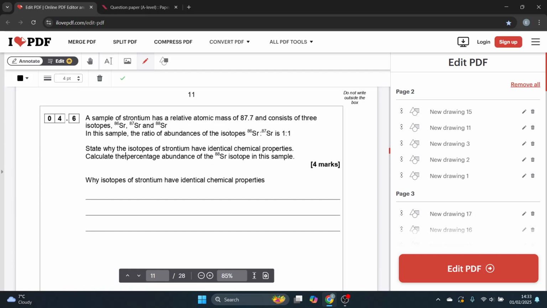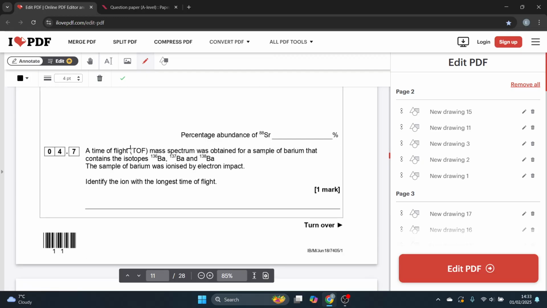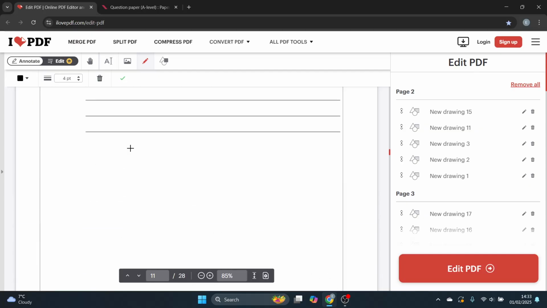Okay, 4 marks. State whether isotopes have identical chemical properties, and calculate the percentage abundance of the 88Sr isotope in the sample.